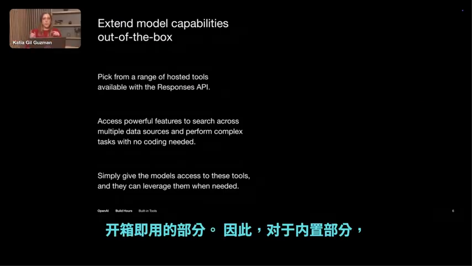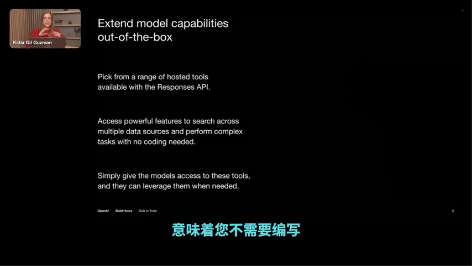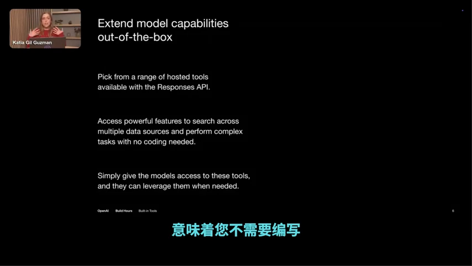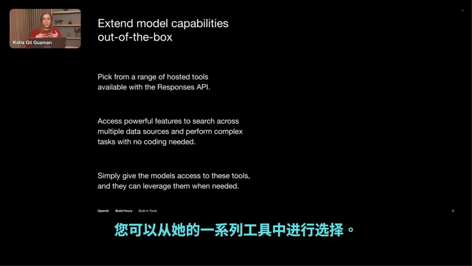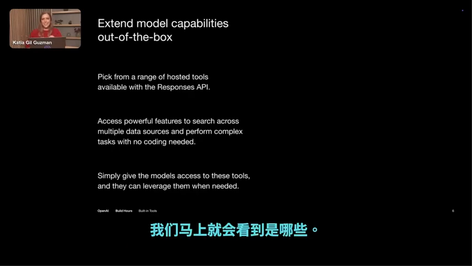And the built-in part, the out-of-the-box part, means that you don't have to code anything. You don't have to do anything on your side. You can just use it. So you can pick from a range of hosted tools. We'll see which ones in a second.